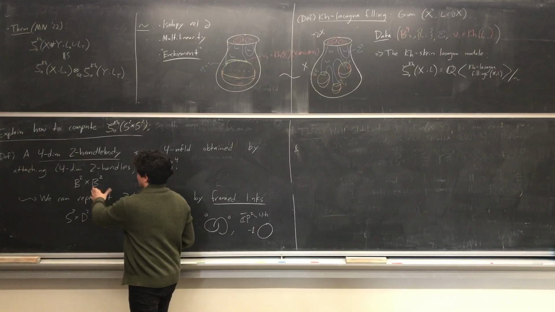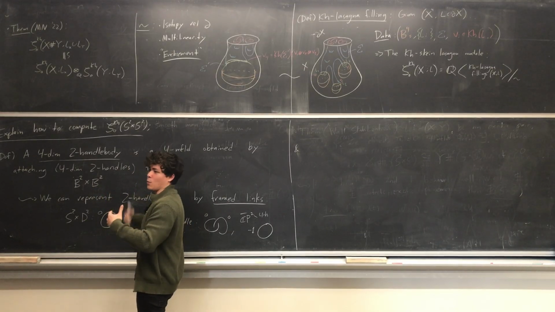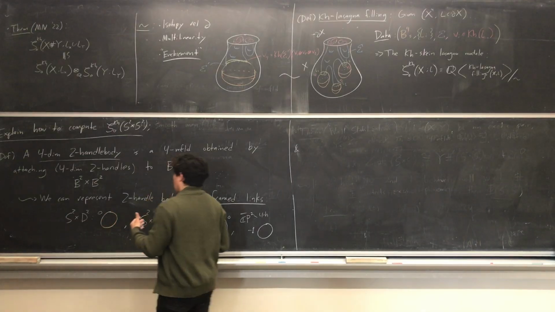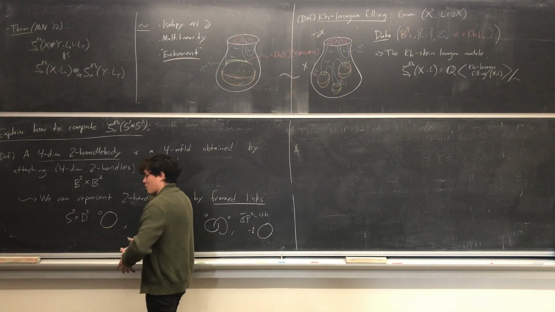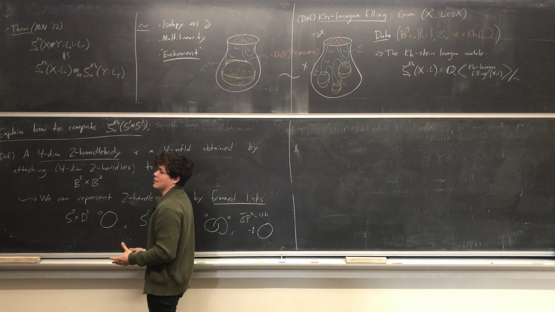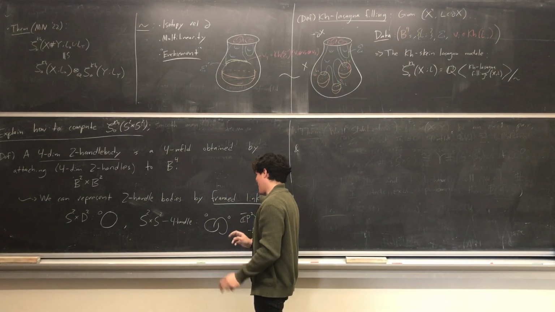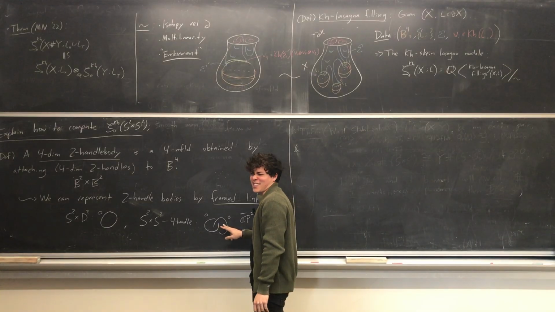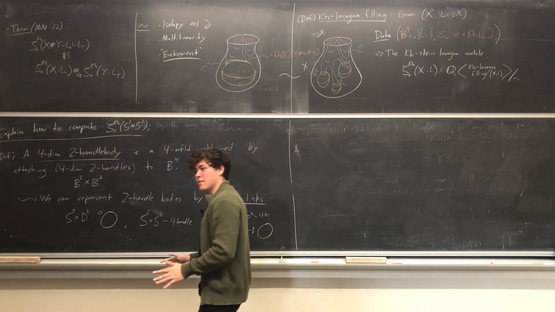And then this framing specifies roughly how the rest of my handle is attached. Like, does it wind around or something? But this is saying it does not. And so you end up with S2 cross D2. It's a good exercise to see why this is S2 cross D2. But does that make sense?